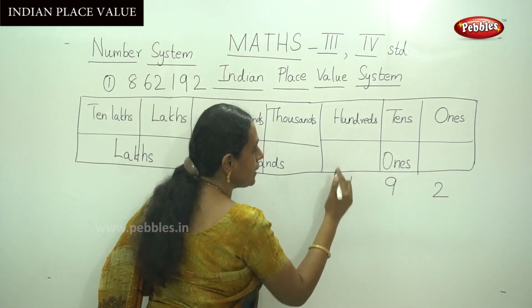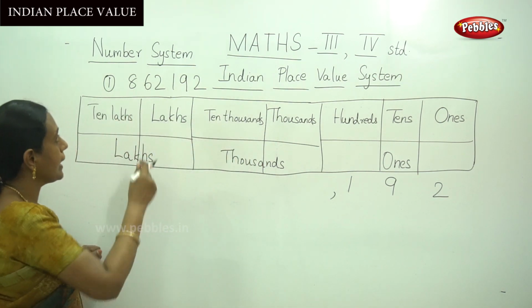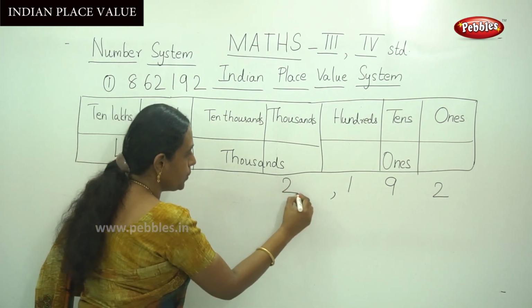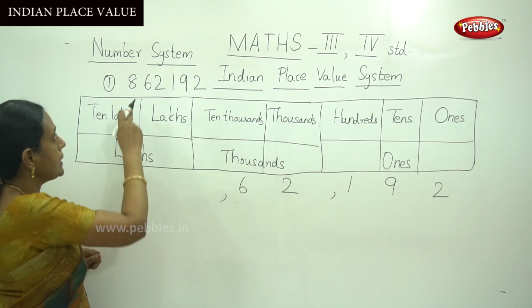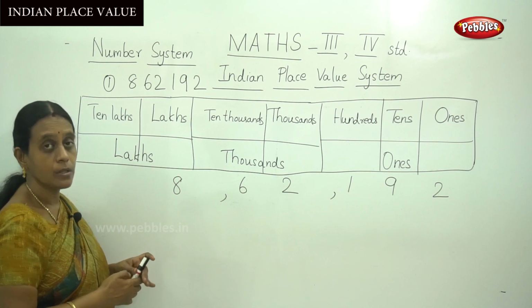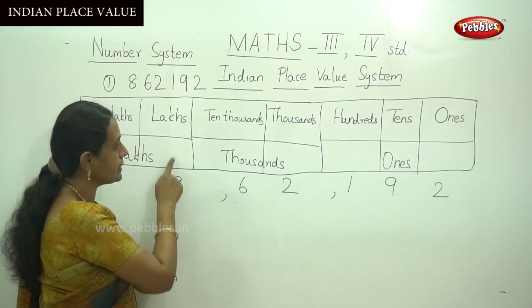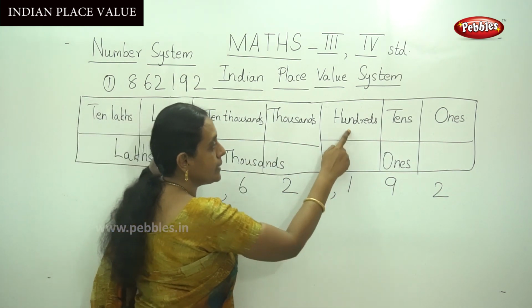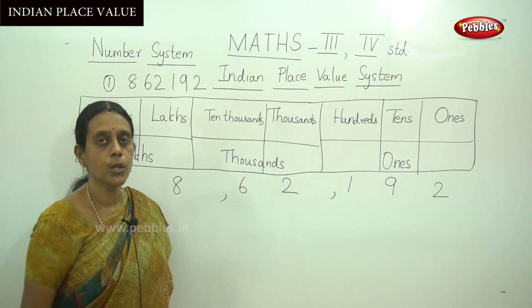After finishing this period, you have to separate the number with a comma. Then again 2 and 6, insert 1 comma, and the last one, 8. Now how to read? That is 8,62,192. So this is the Indian place value system.